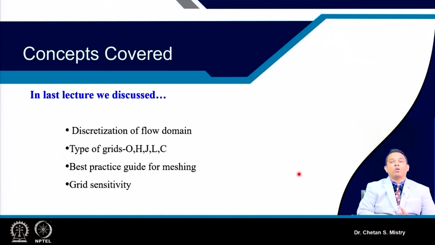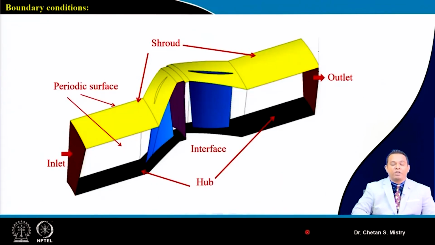In order to solve that flow domain, we are looking at the term called different boundary conditions. So let's try to understand what exactly is the meaning of boundary condition. Suppose this is a stator and rotor combination. If we look at the very entry point, that is called the inlet.